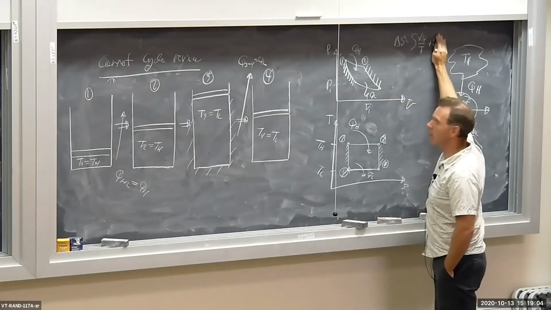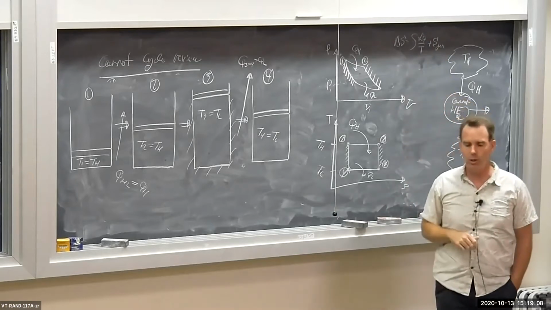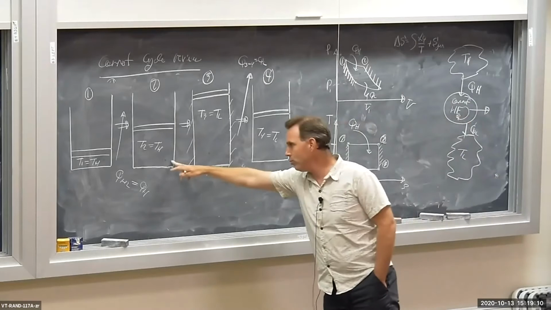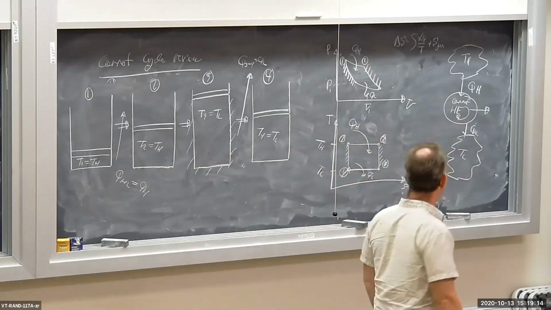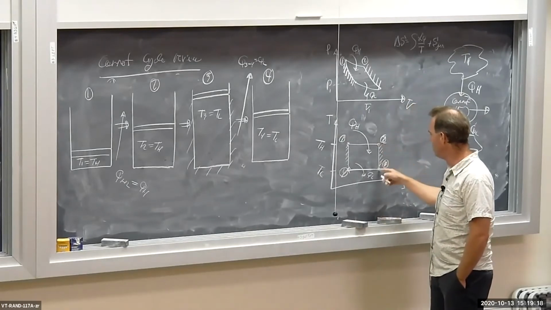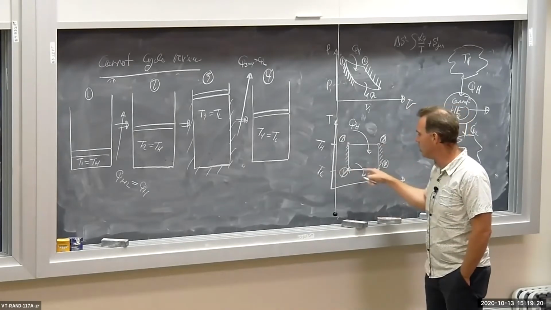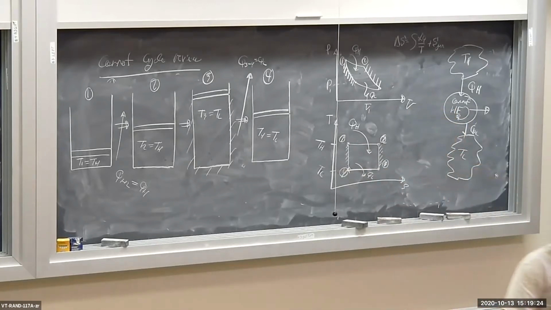If there's no entropy generation and no heat transfer, delta S is 0. So process 2 to 3, which is adiabatic, reversible expansion, is an isentropic process. From 2 to 3, we go vertically down to the low temperature TL. So we isentropically expand the gas down to temperature TL.